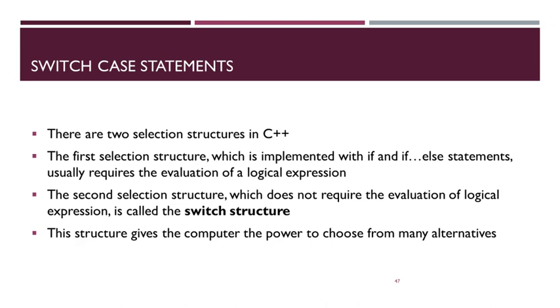The first selection structure, implemented with if and if-else statements, usually requires the evaluation of a logical expression. We already learned about logical expressions in selection structure part 1. The second selection structure, which does not require the evaluation of a logical expression, is called the switch structure. This structure gives the computer the power to choose from many alternatives.